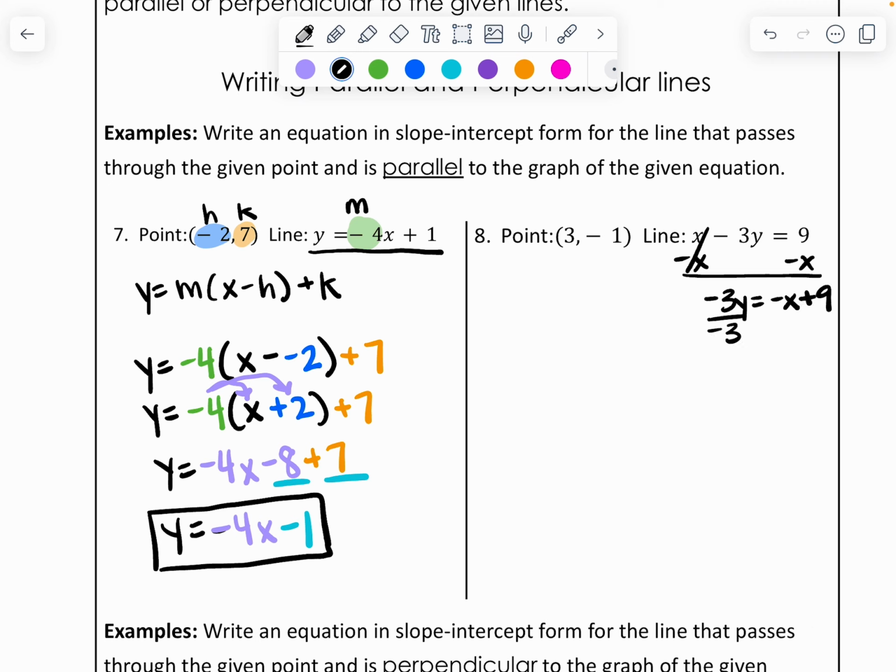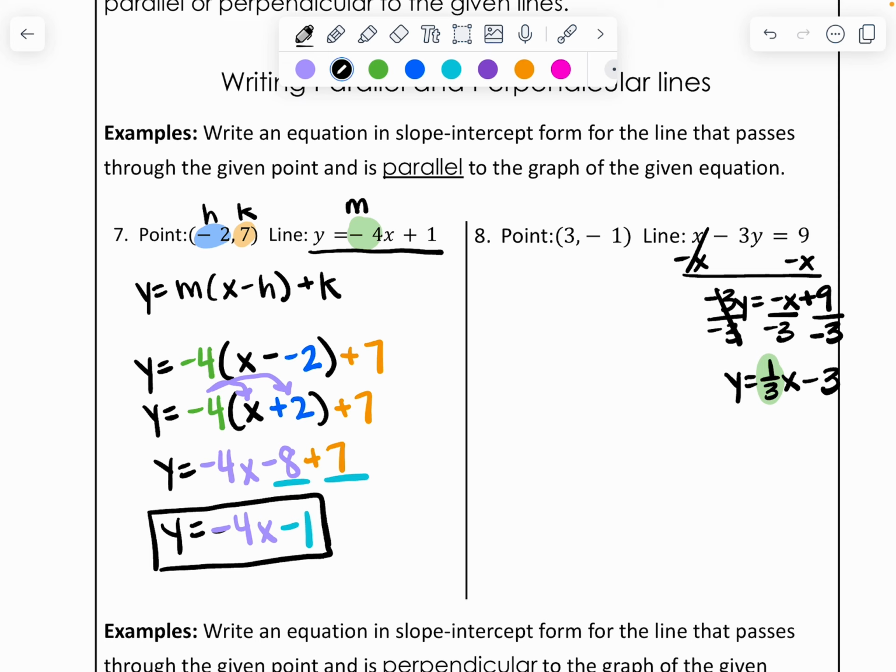Divide by -3. Y equals 1/3x minus 3. So the slope is m. The slope is 1/3. So our new equation will also have that. To make it parallel, it has to be the same slope.